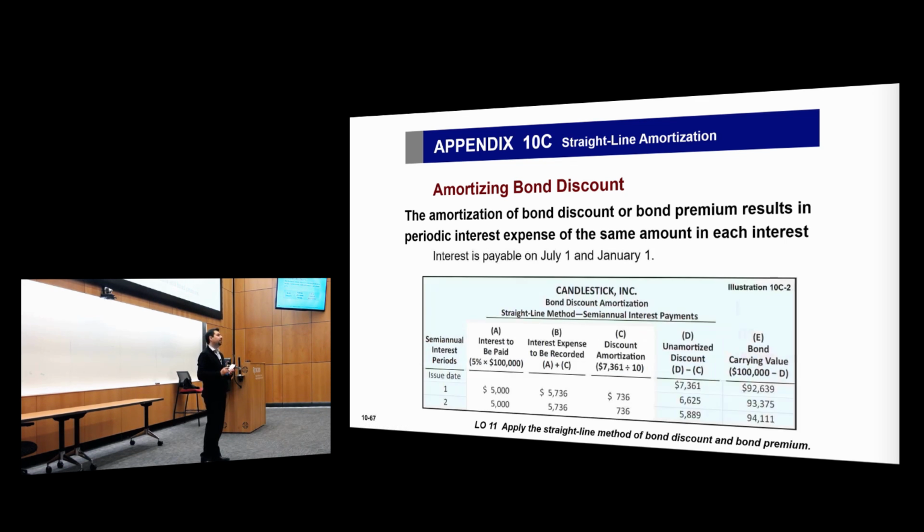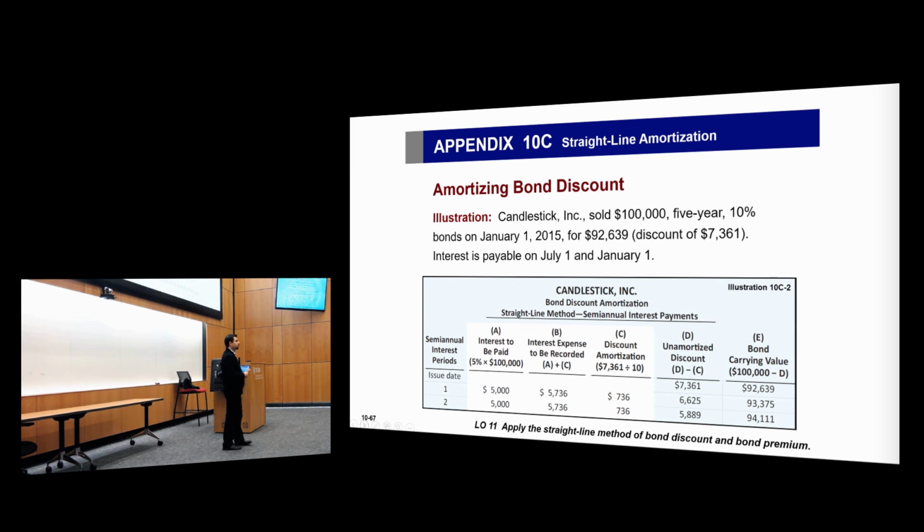This will give you the amount of discount that is amortized. So how do you calculate it? Like Candlestick Inc. sold, this is the same example that we had last week. They sold $100,000 5-year, 10% bonds on January 1st, 2015 for $92,639. This means that it is a discount of $7,361.